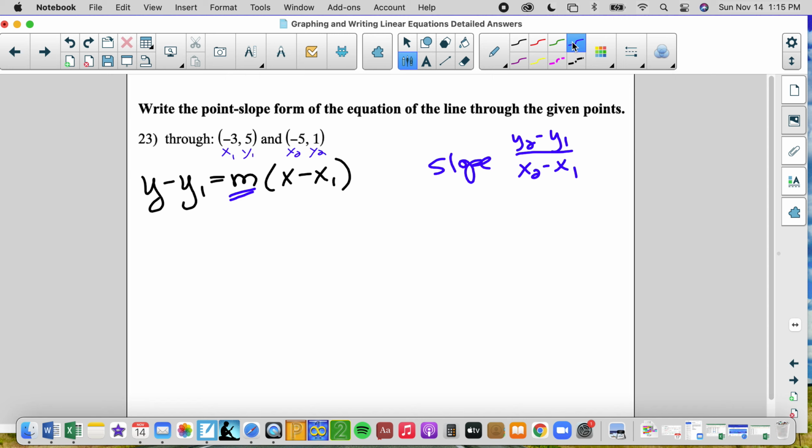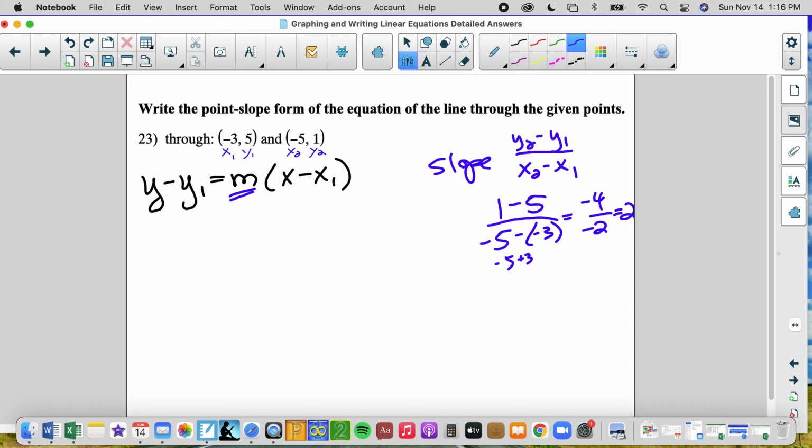So if we plug that in, y sub 2 is 1 minus my y sub 1, which is 5, over my x sub 2, which is negative 5, minus my x sub 1, which is negative 3. That gives me negative 4 over negative 5 plus 3, which is negative 2. Negative 4 over negative 2 gives me positive 2 as a slope.